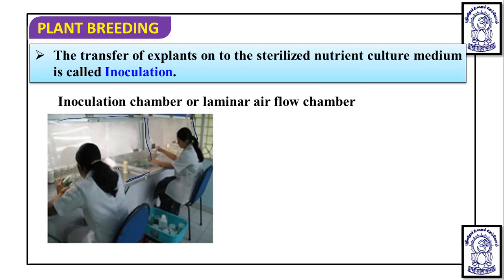In this laminar airflow, a UV light is fitted, and we wash the platform with 70% ethyl alcohol. Before starting the experiment we switch on the UV light for about 20 to 30 minutes, so all the microbes in this region get killed. Like this the laminar airflow is sterilized first, and in this sterilized environment the inoculation is done and all the tissue culture technique is carried out.